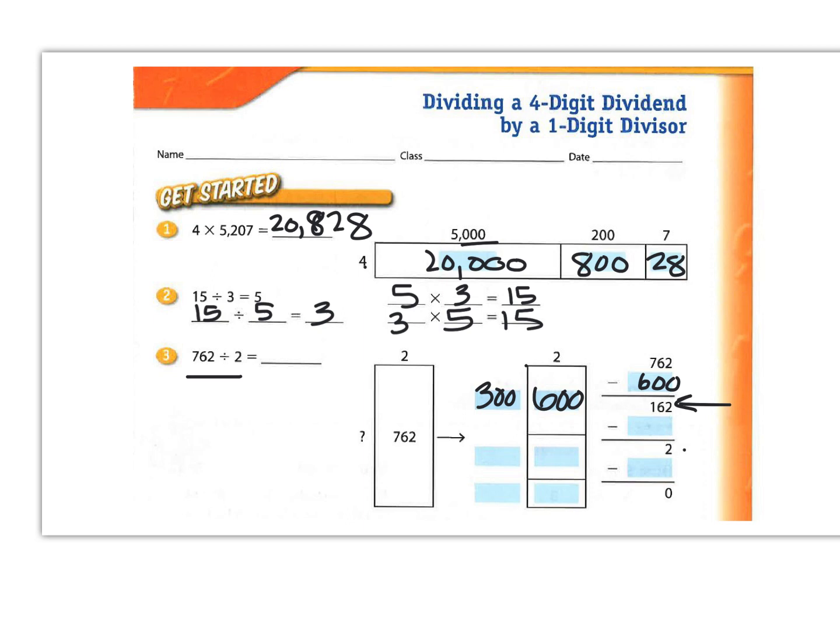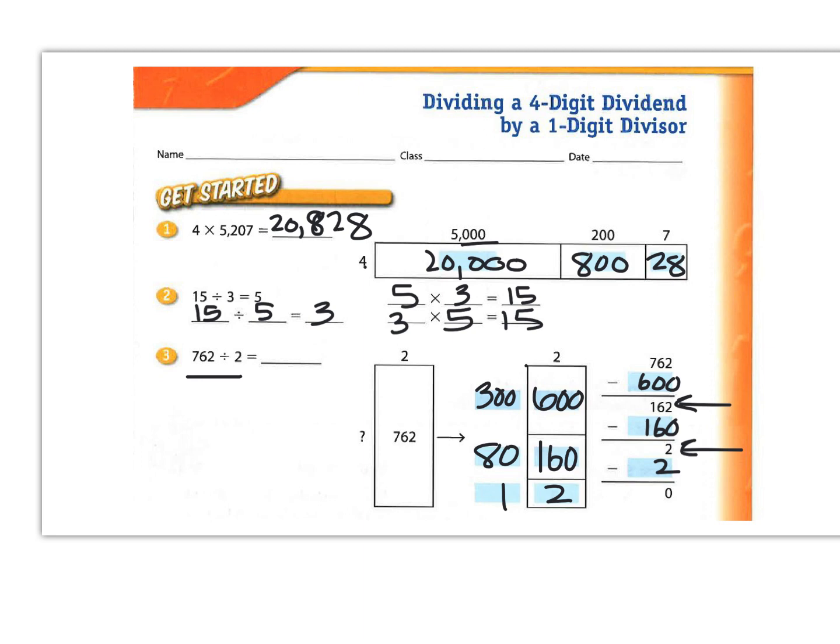So now we need to be left over with 2. So we have to take away 160. So if we did 2 times 80, we would get 160. So we're going to take away 160, then we are left with 2. Then, if we do 2 times 1, we get 2. If we take away 2, we have remainder 0.